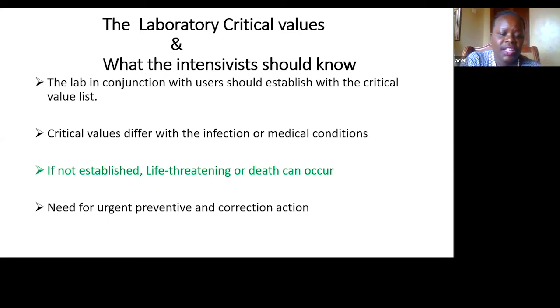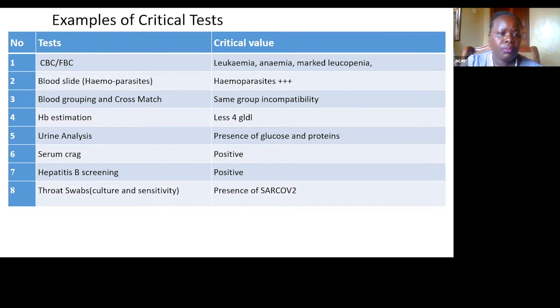And this should be shared between all the people involved in giving care, not only lab and intensivists, but also maybe the nurses and the pharmacy, as guidelines: when we get such a client, this is what we do, and these are circulated in all the departments concerned. This clearly indicates that when we receive such a client, this should be followed. And in case something goes wrong, this is what we should do. So all preventive and corrective action should be planned earlier to prevent any death or other complications from developing.